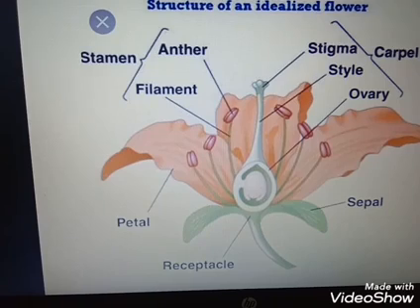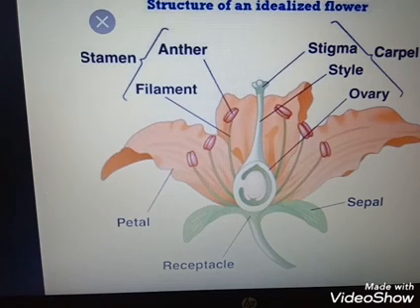Then the exine appears first as a thin layer but later becomes considerably thick and differentiated into two layers, ectexine and endexine. Clear? At first, exine is seen in a single layer.